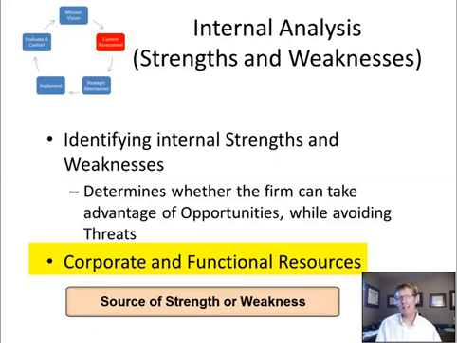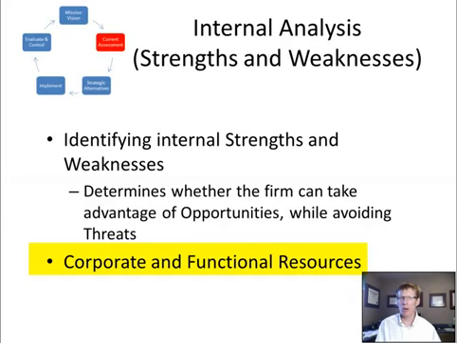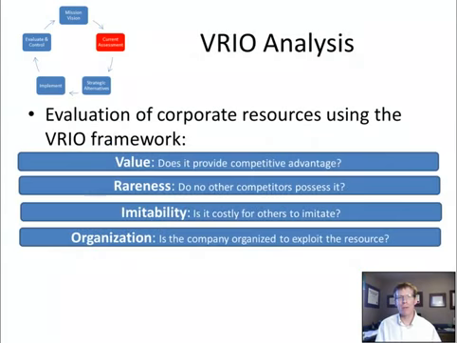And it's a weakness if it's done poorly, not at all, or something that our competitors can do better than us. VRIO analysis evaluates your corporate resources against 4 criteria: value, rareness, imitatability, and organization.